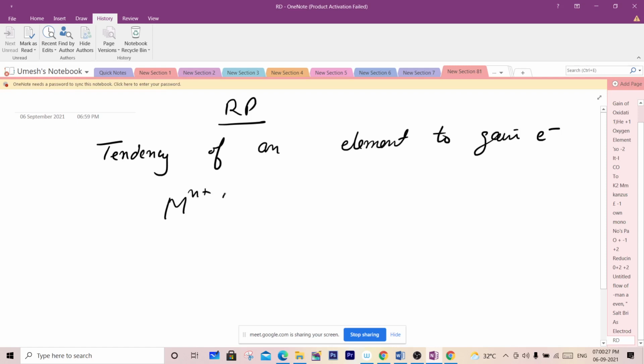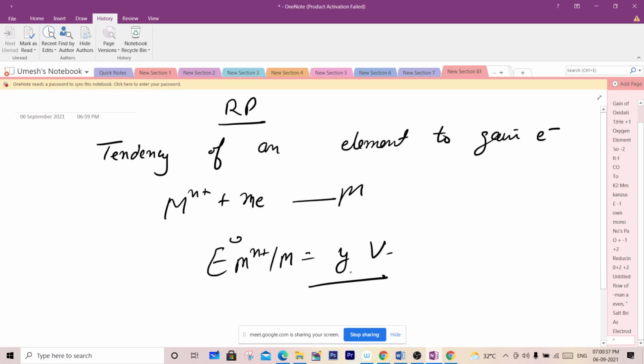It means a metal ion gains electrons to become metal, or I can say E naught of M^n+ to M is some Y volt. Understood?